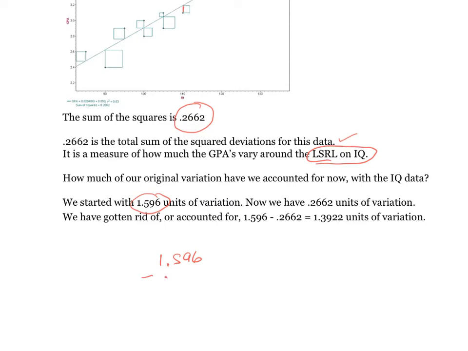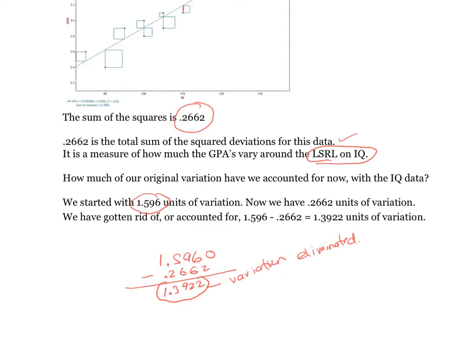So if I subtract off how much variation we had originally minus how much we have now with our regression, I get this, 1.3922. Okay, that's how much of the variation we have eliminated, by using IQ to make our prediction instead of just the average.